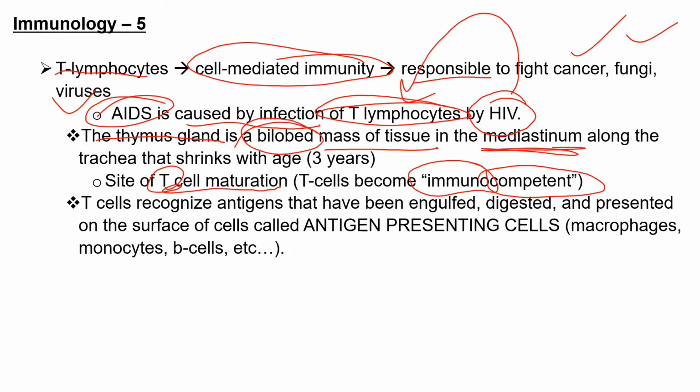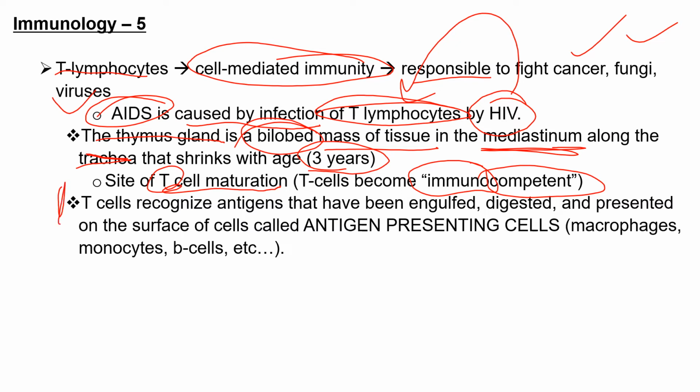That's where the heart is. That's where the trachea is. So the thymus is along the trachea, but it actually shrinks in size and disappears by the age of 3. You can't see it anymore. An enlarged thymus indicates that you need to be examined by an endocrinologist.